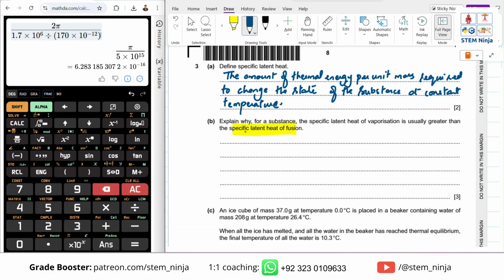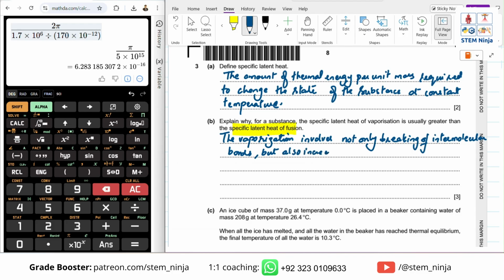Okay, now we need to explain this, that the vaporization involves not only breaking of intermolecular bonds, but also increases separation of molecules greater than fusion.